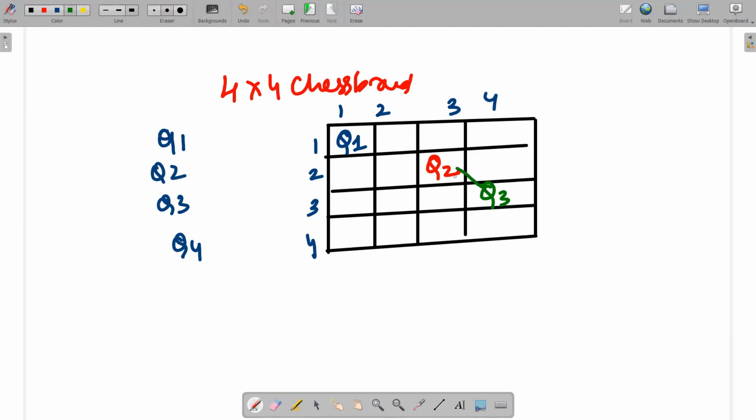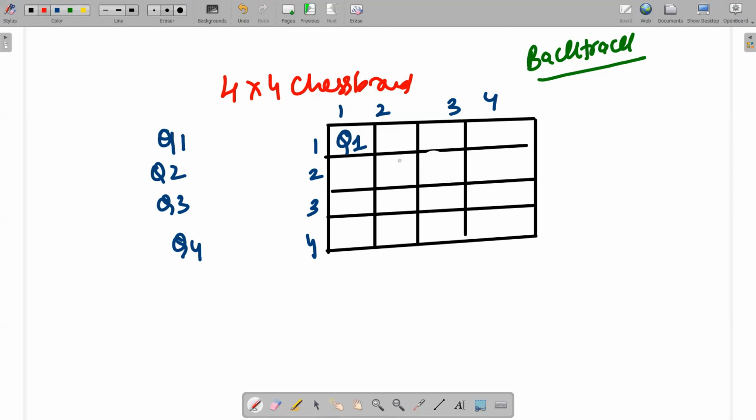It means that we have to backtrack. What do we have to backtrack? It means somewhere we have made a mistake. Maybe if we change the Q2 position to the fourth column, maybe we can get a solution. So we will try to get Q2 in some other place.